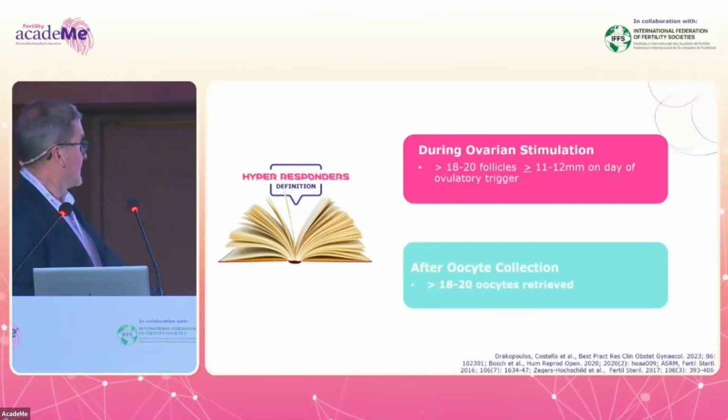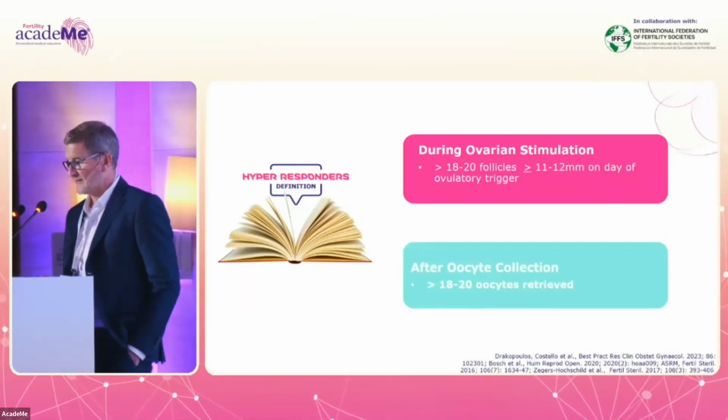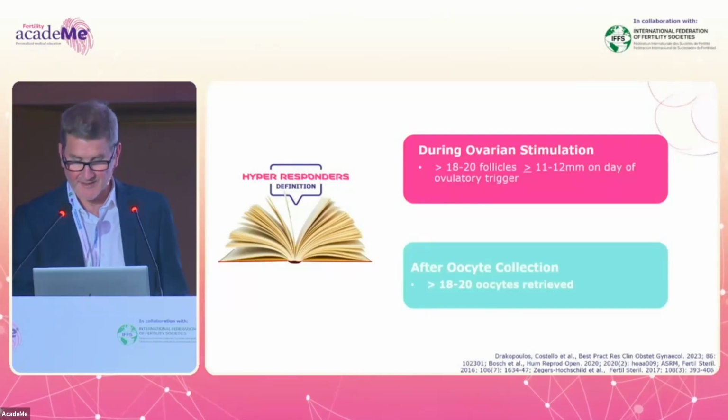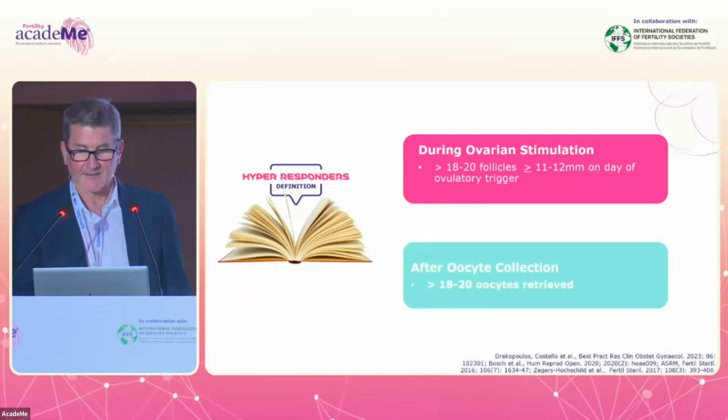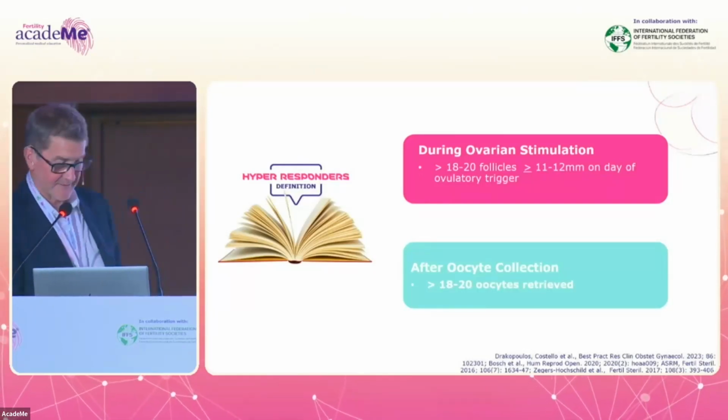Hyperresponders are diagnosed by more than 18 to 20 follicles, at least 11 to 12 millimetres on the day of ovulatory trigger, and at least 18 to 20 eggs retrieved at the time of egg collection.